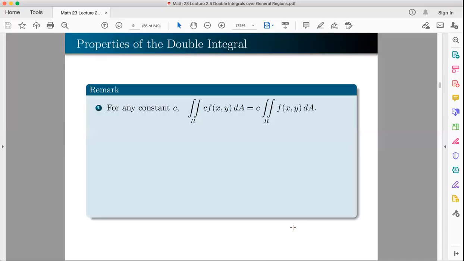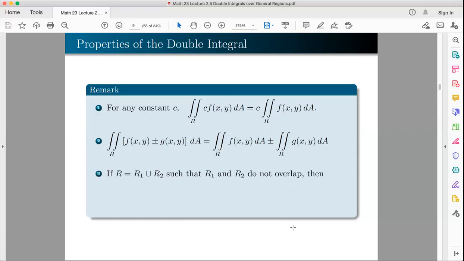Now let us give a summary of some properties of the double integral. Recall that we already presented two properties of the double integral in our first lecture, and the double integral satisfies linearity conditions. We add a third one, and the third one is this. Suppose that the region R can be partitioned into two subregions, R1 and R2, so that these two subregions do not overlap.